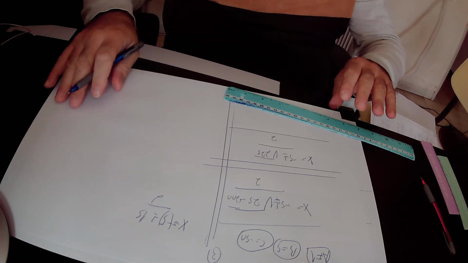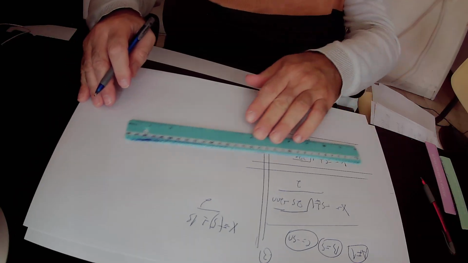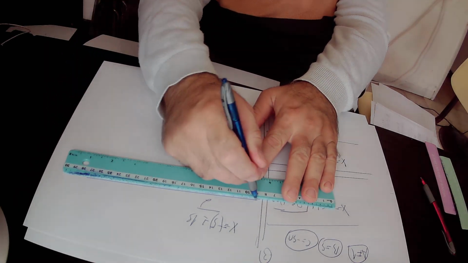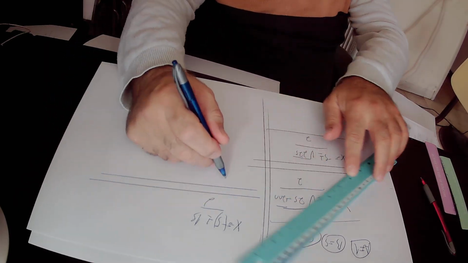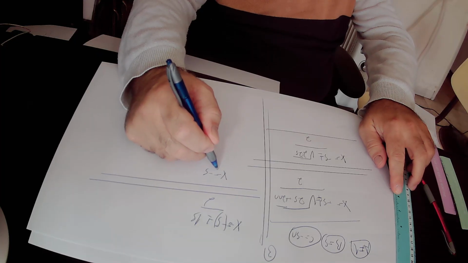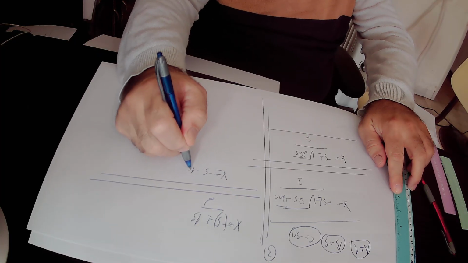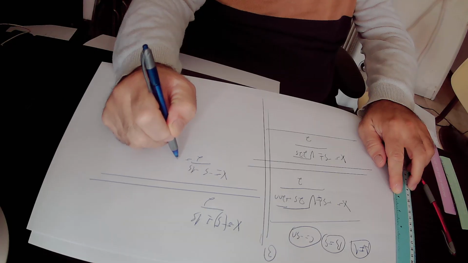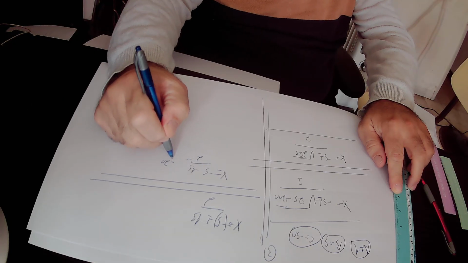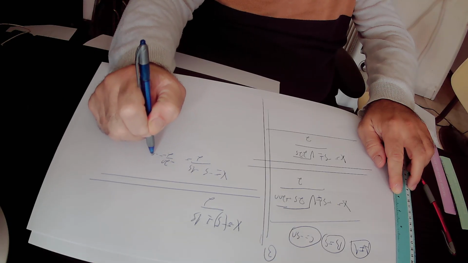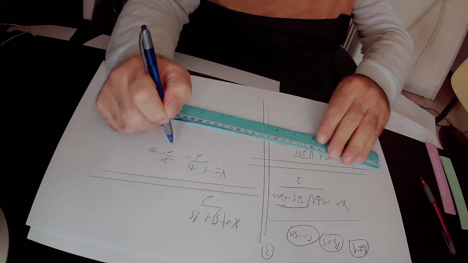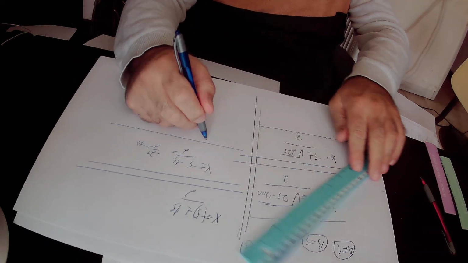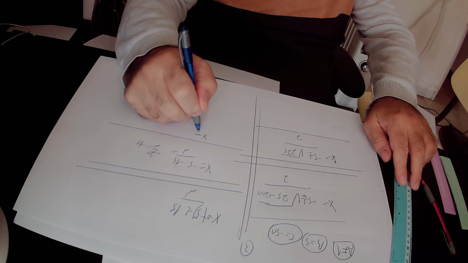So here we will have two possible solutions for x. The first solution is that x equals minus 5 minus 15 over 2. Minus 5 minus 15 is minus 20, and minus 20 over 2 is minus 10. So according to the first solution, x equals minus 10.